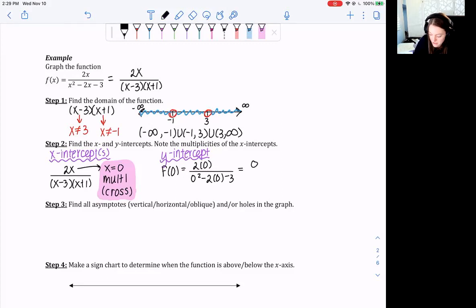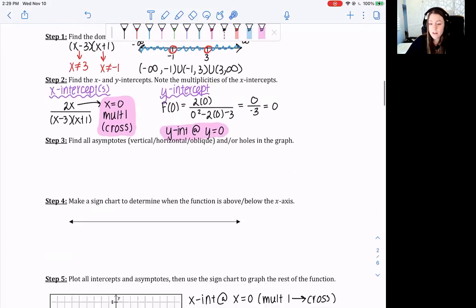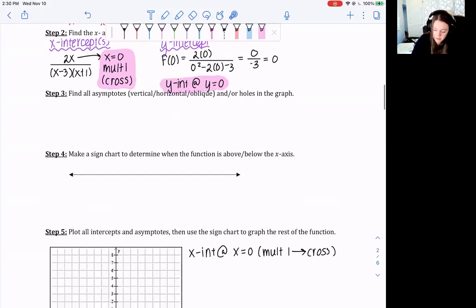So that's going to be 0 over -3, which is just 0. So there's a y-intercept at y equals 0. And this is something that we could have seen coming, because we had x equals 0 as an x-intercept. And every time we have x equals 0 as an x-intercept, y equals 0 will be a y-intercept.